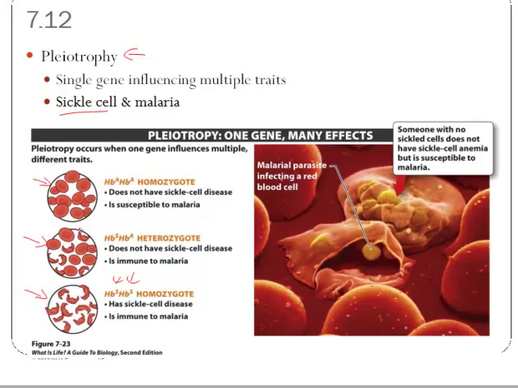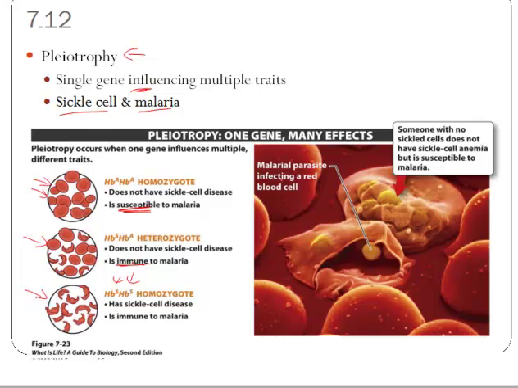The second characteristic influenced by that sickle cell gene is malaria. With malaria, if you have the homozygous normal characteristic, you're susceptible to malaria. However, if you have the heterozygous characteristic, so hiding those sickle cells, you're more immune to malaria.